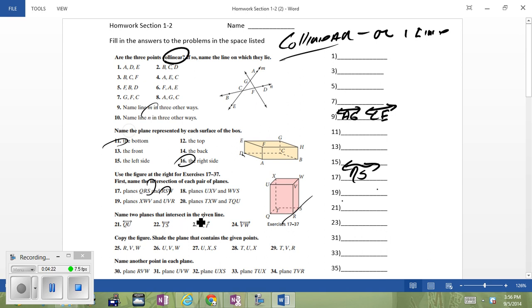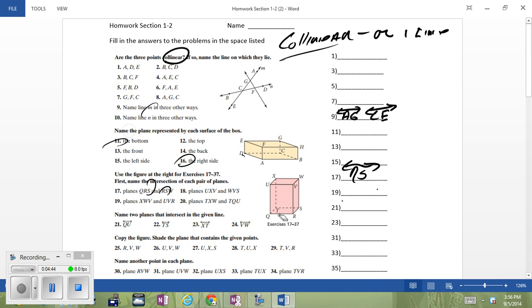Name 2 planes that intersect at the given line. Well, again, here's the kind of reverse question from that. Okay, XT is the dotted line back here. What 2 planes intersect at XT? That's number 23.